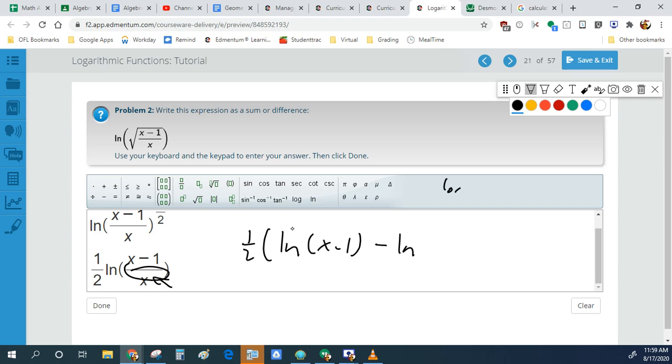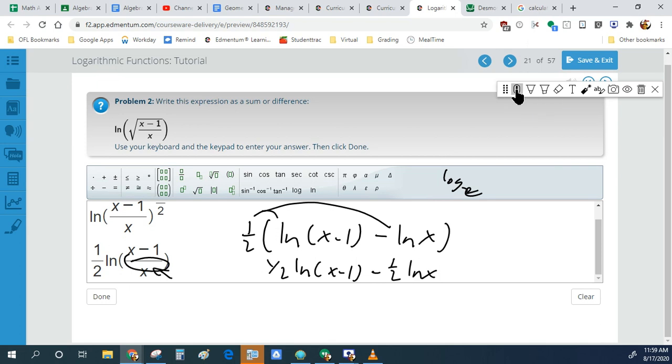Remember, all ln is log of base e, so that means they are the same base of the log. And then I have to distribute this 1/2 to all of them. So this becomes 1/2 ln of x minus 1 minus 1/2 of ln of x. So that should be my answer.